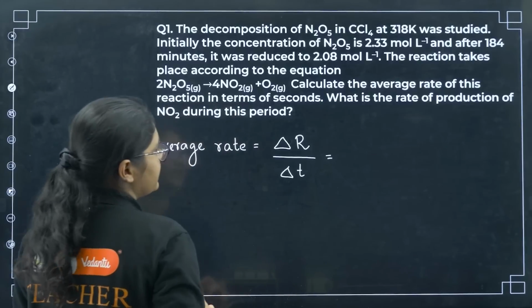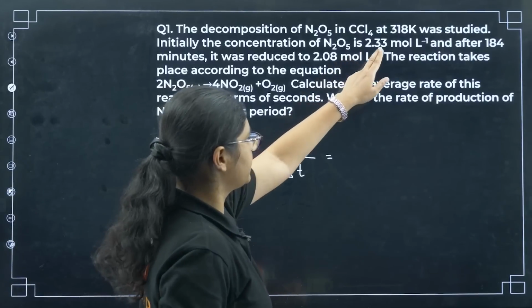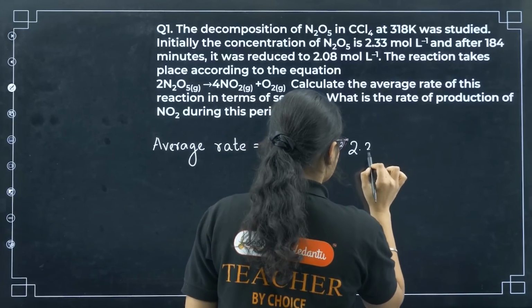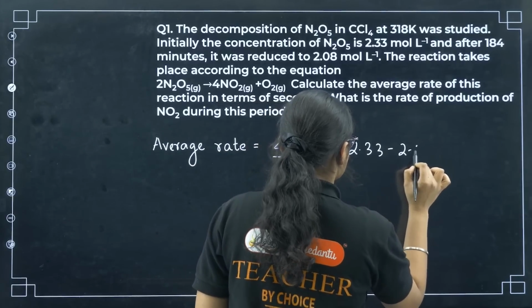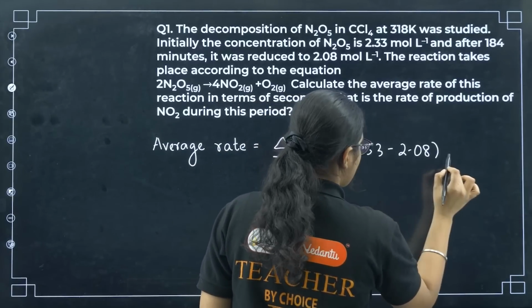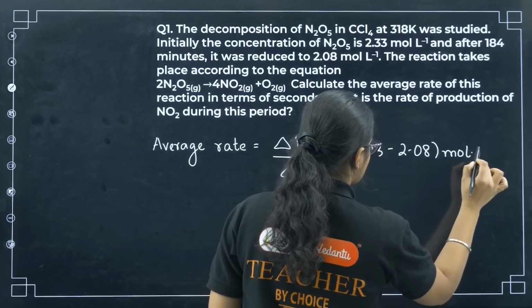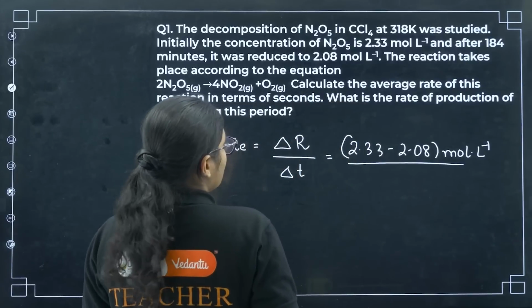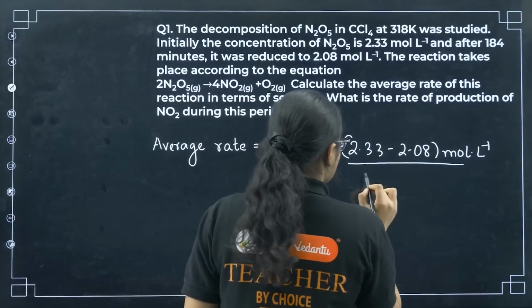Now the change in concentration is 2.33 to 2.08. So I can write 2.33 minus 2.08 mole liter inverse divided by 184 minutes.